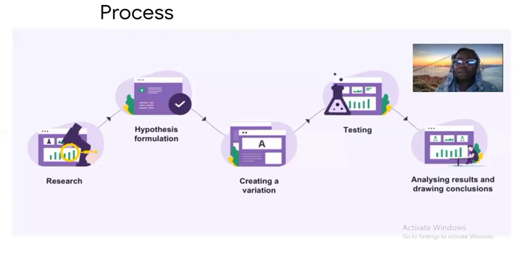Timing, because you might be running A/B testing during sales, and you want to get a significant difference, which might not be possible because during sales, people don't really care about where the button is. All they care about is you're running sales and they want to buy. So they don't really care, and that might lead to bias.